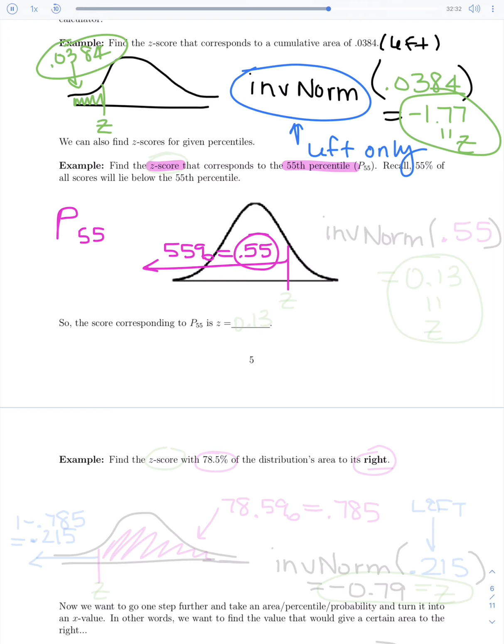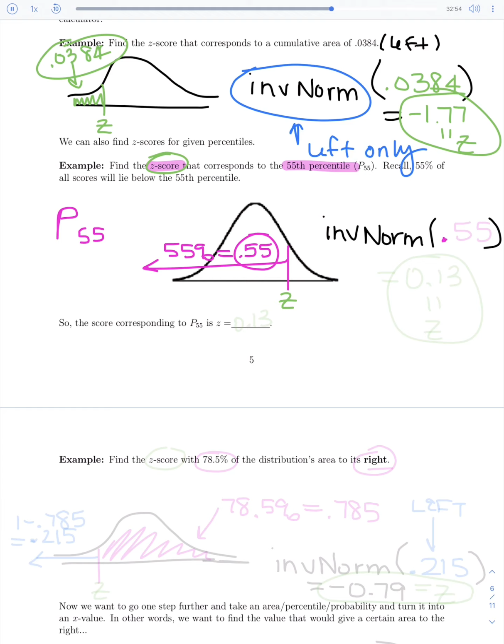So if I want to find the z-value, like they're asking for, all I need to do is work in reverse. I need to use an inverse norm again. Luckily, percentiles automatically mean the area or percentage below you, so that 55% is already to the left.